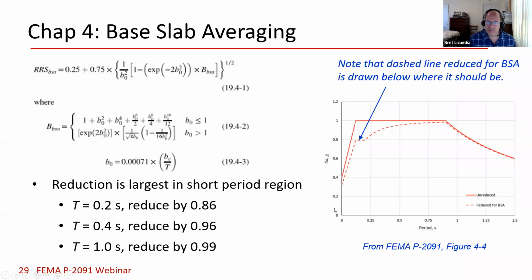If we put it at 0.2 seconds, we get B naught, we put B naught in here, we get BSA, we put that back in at the top, and you end up with RRSBA. That's the reduction in the spectral acceleration due to base slab averaging. So that's taking the unreduced value, the red line, and showing that depending on what period you are, it reduces by different amounts.